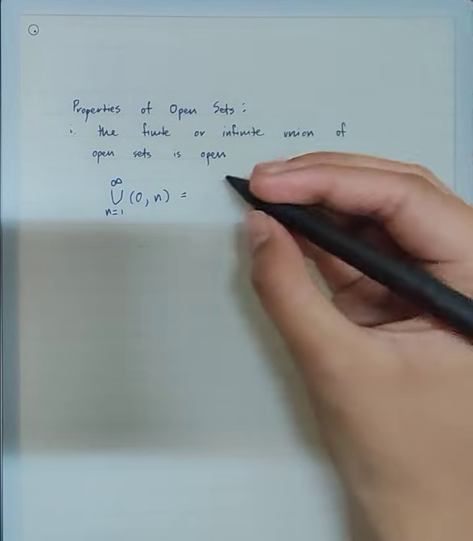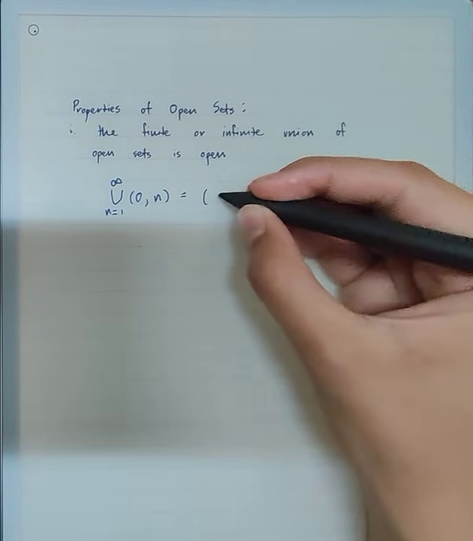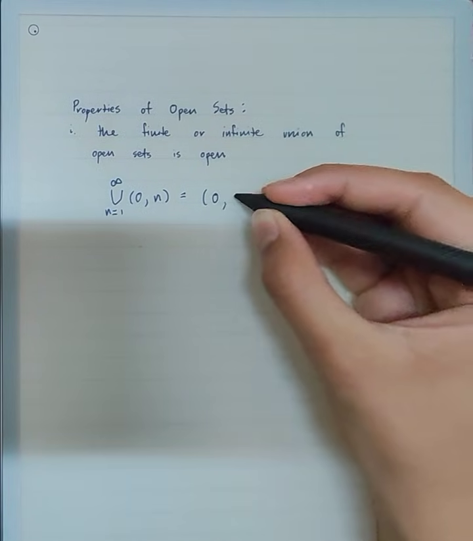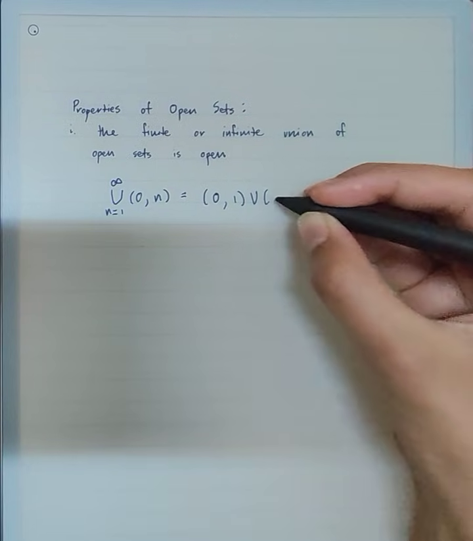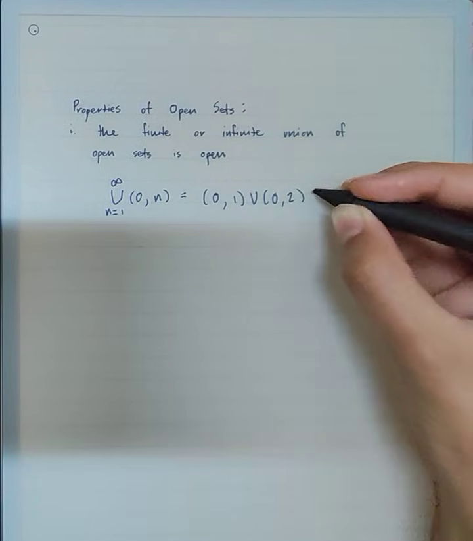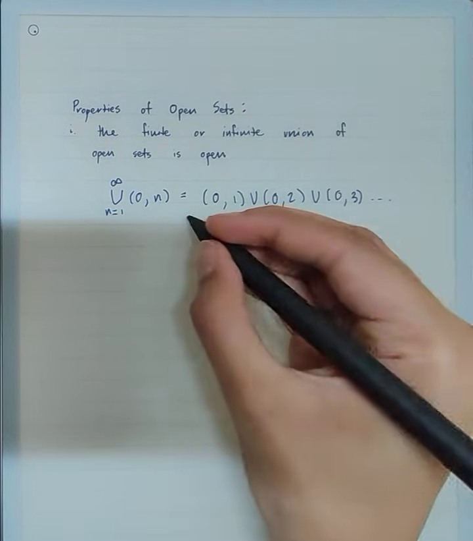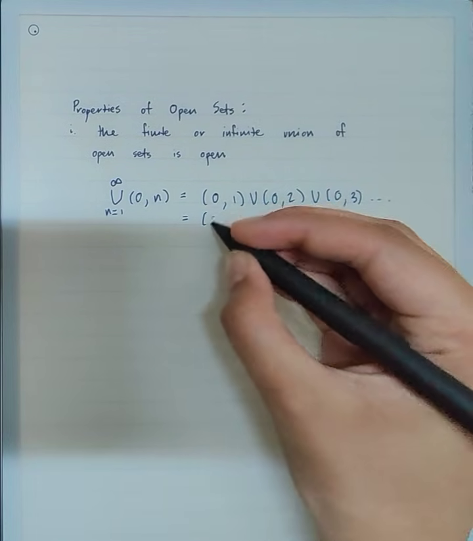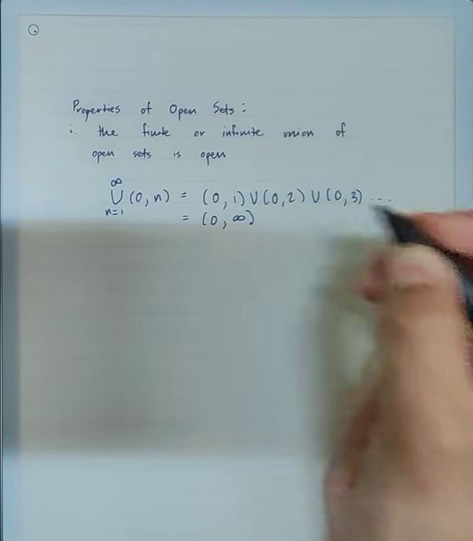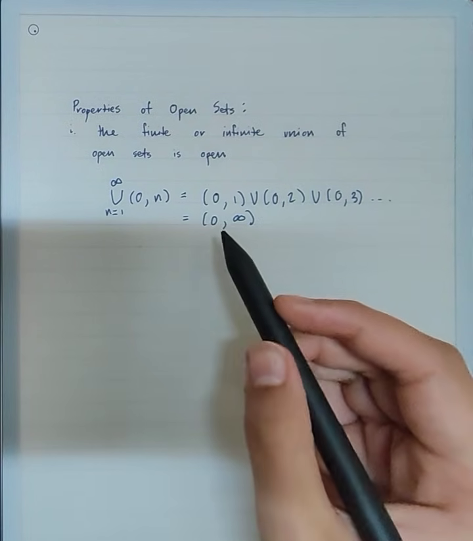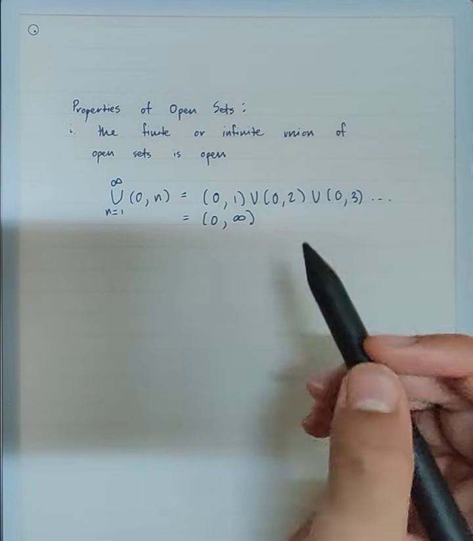This is essentially the union of (0, 1) with (0, 2), union (0, 3), and you go on. And this is just equal to the open interval from 0 to infinity. Essentially, we are looking at all positive reals.